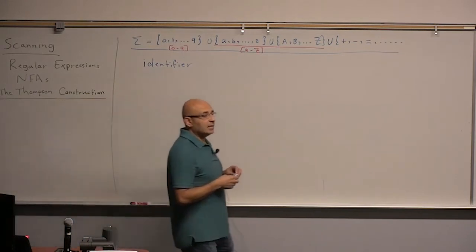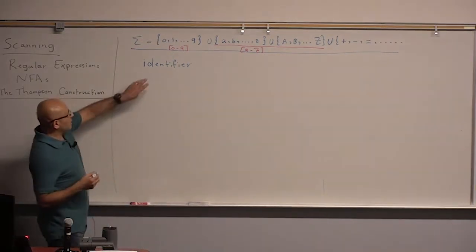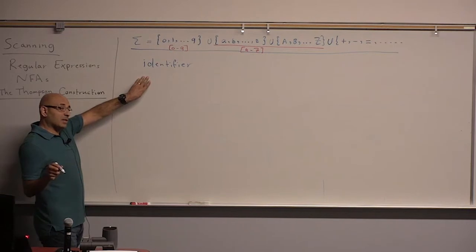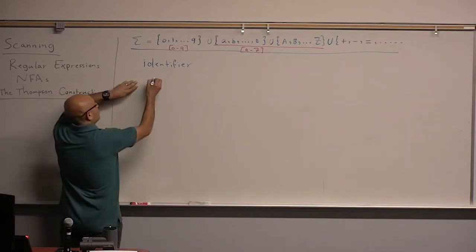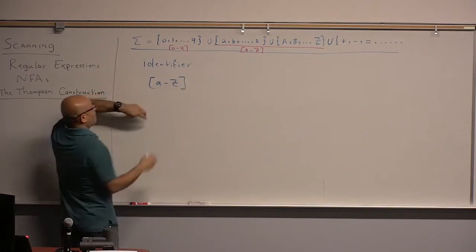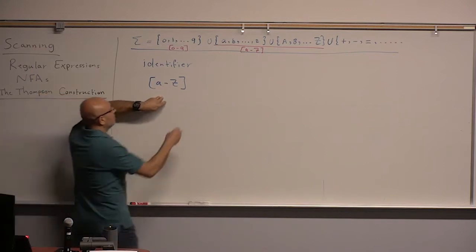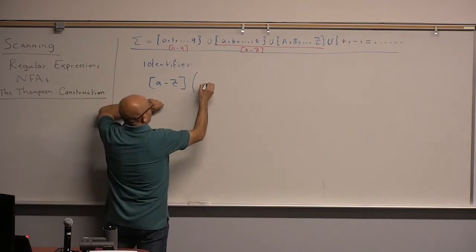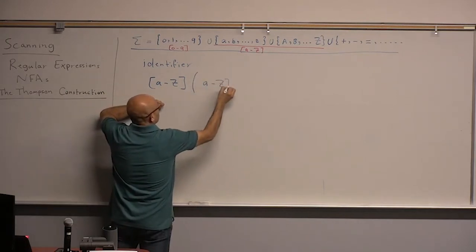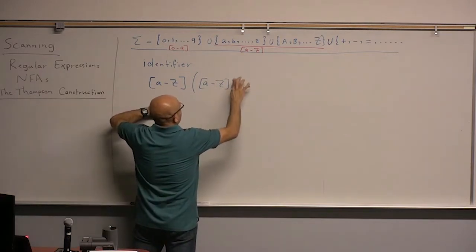Yeah, exactly. So how do we express this using regular expressions? So with regular expressions, you have to start with a letter, right? So it's going to be A through Z. Then A to Z, 0 to 9, and A to Z, then they won't be in the same bracket.